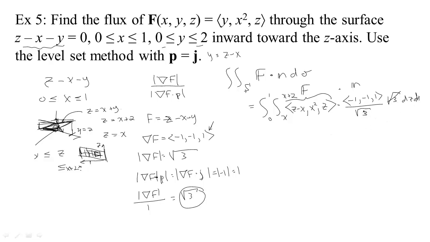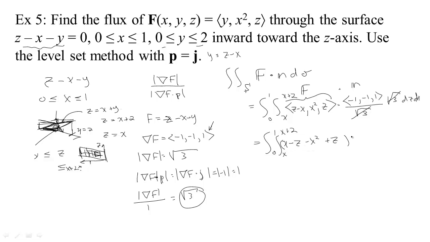So notice that this area conversion factor and the length of the gradient, of course, are the same, so they're going to cancel. So I end up with the integral from 0 to 1. If I calculate this dot product, I have negative 1 times z minus x, so that's x minus z, minus x squared, plus z. Oops, I forgot my inside bounds. x to x plus 2.